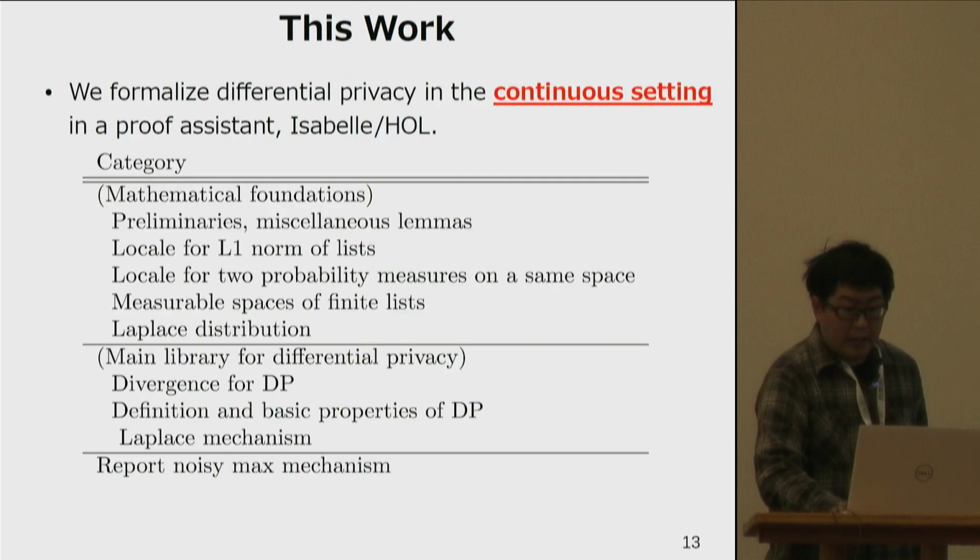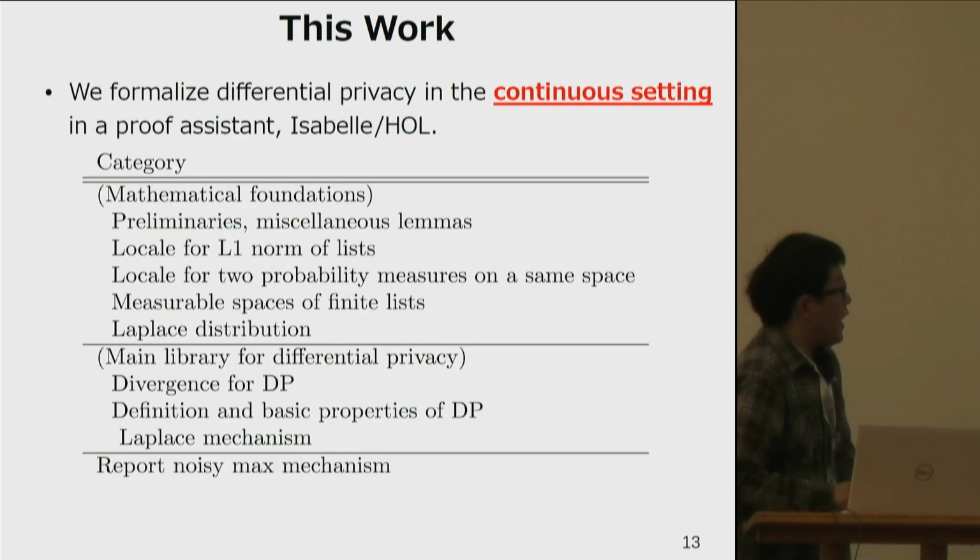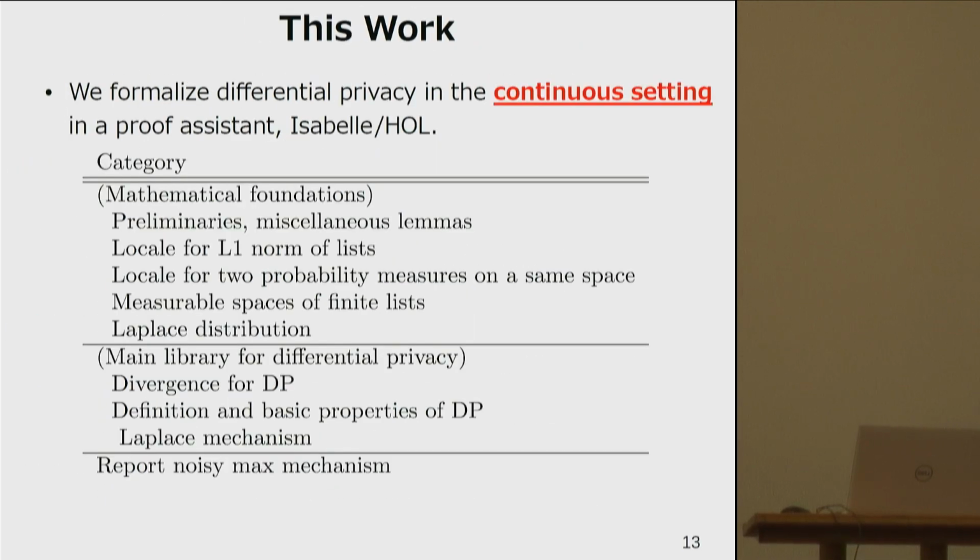Actually, our proof contains the central data. The divergence for DP is the central data of the program logic for the quantitative difference of computational effect. APRHL is generated from this data and several specific results.